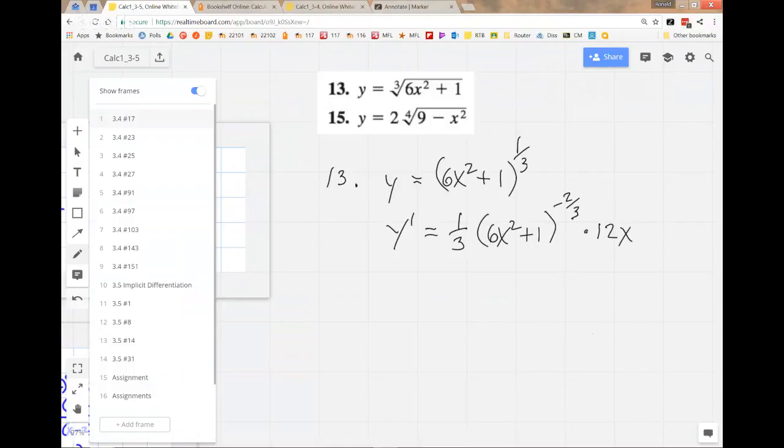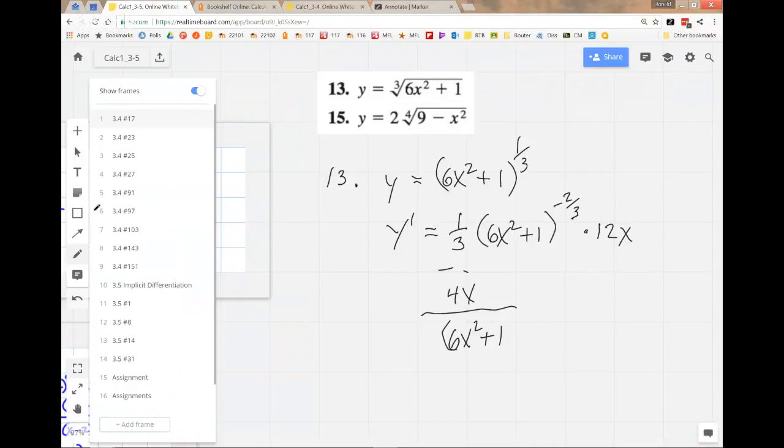Now it's just a matter of, can we simplify this? Well, 1/3 times 12x is 4x. Making a little mess here. So we've got 4x, and then this thing goes on the bottom. So how do we write the 2/3? The fact that it's negative, I moved it down.